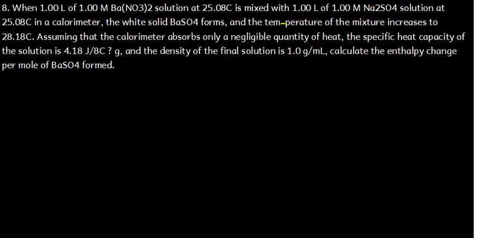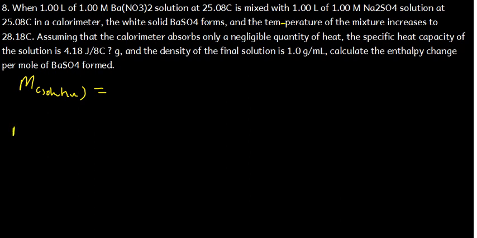Alright, so now how do we go about it? The first thing that we want to determine is, let's find the mass of the solution. So the mass, how do we find mass? Now we've been given the volume.